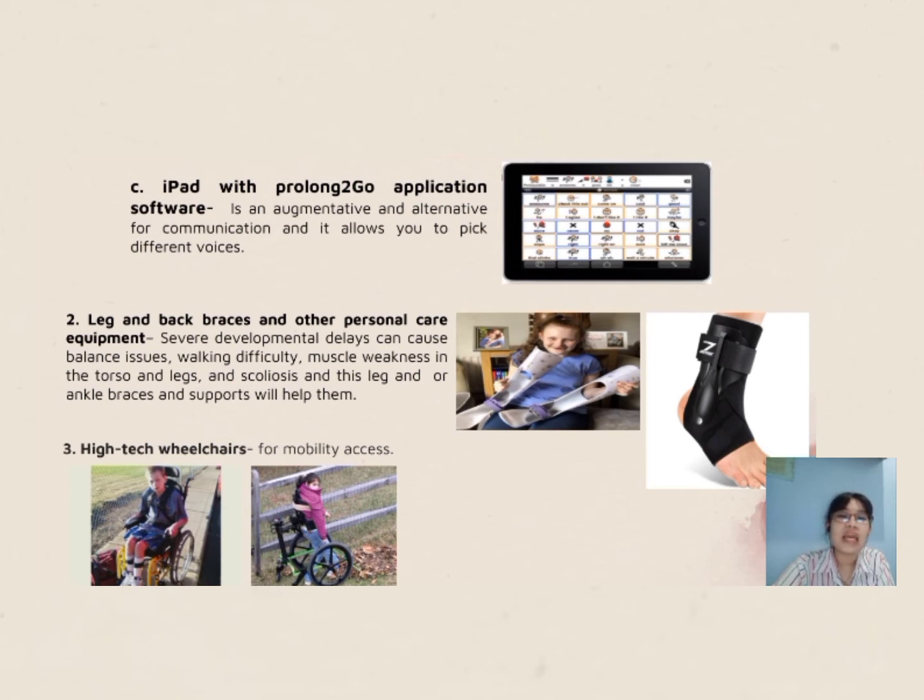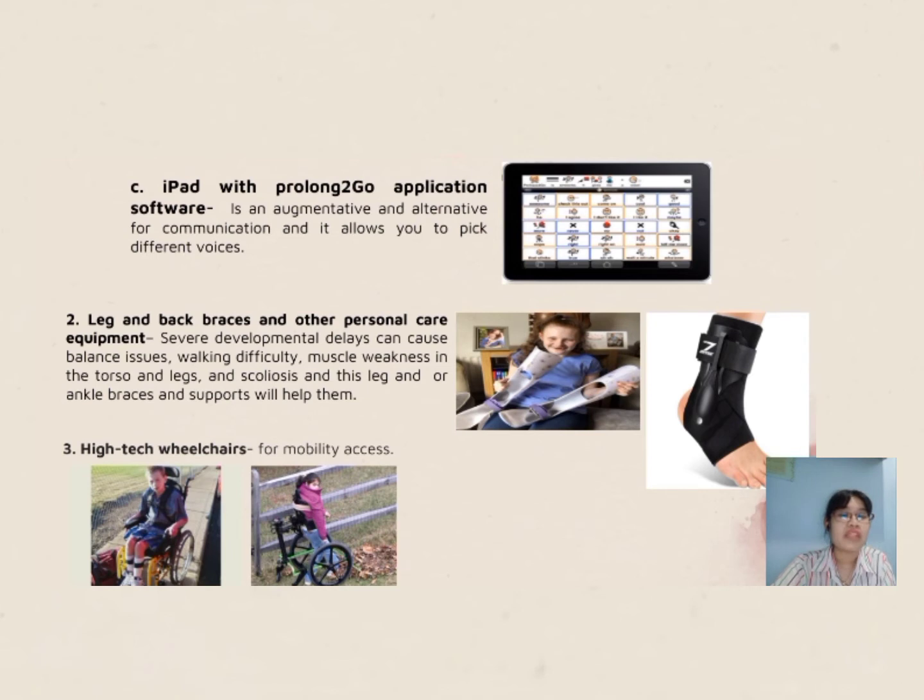Next is the leg and back brace, and other personal care equipment. So, bakit kailangan ni Angelman syndrome to? Hindi naman lahat ng Angelman syndrome may kailangan ng mga ganitong leg and braces.